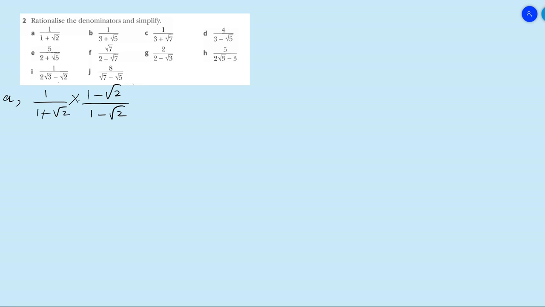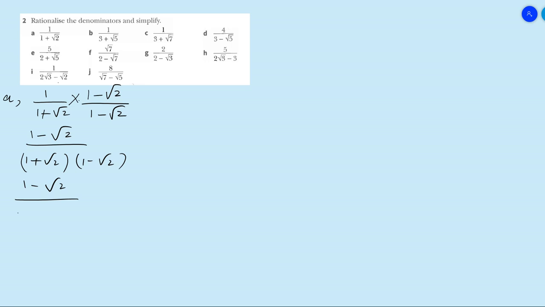So 1 into (1 minus root 2) is 1 minus root 2. And multiply (1 plus root 2) into (1 minus root 2). If you can see, one bracket is plus and one bracket is minus, with both numbers the same, then you can use the formula (a plus b) into (a minus b) is equal to a square minus b square.